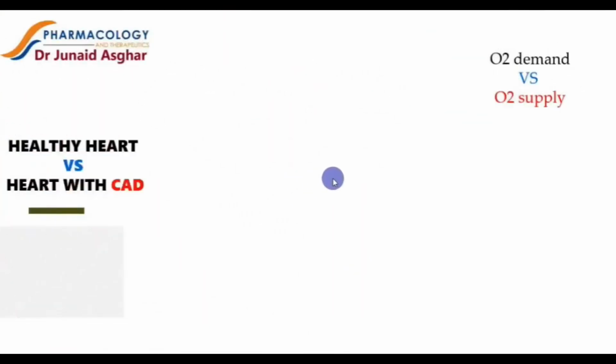Now, as I already mentioned, we shall have a detailed look at the oxygen demand versus oxygen supply ratio, so let's see what actually happens. Now in this scenario, we are basically comparing the efficiency of a healthy heart versus a heart with a CAD or coronary artery disease.